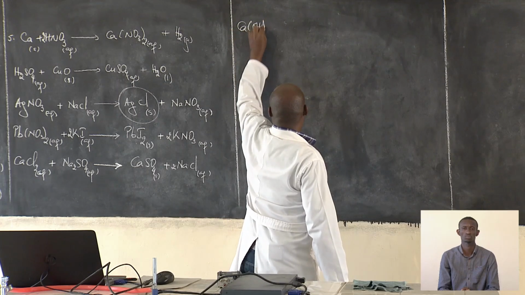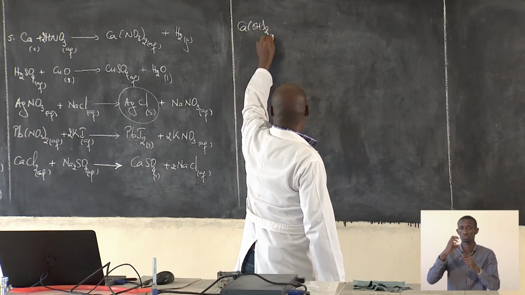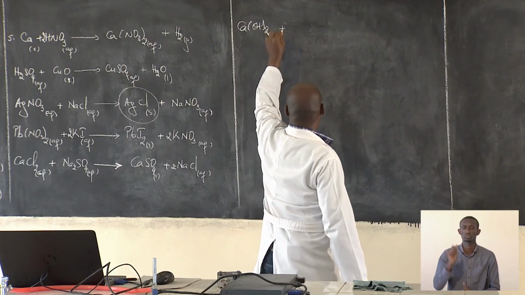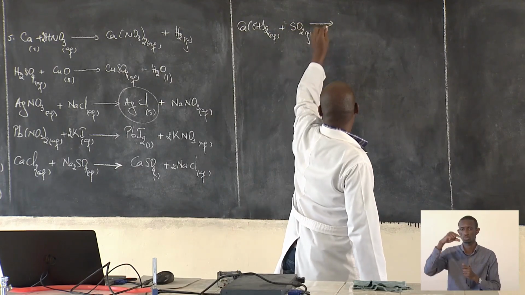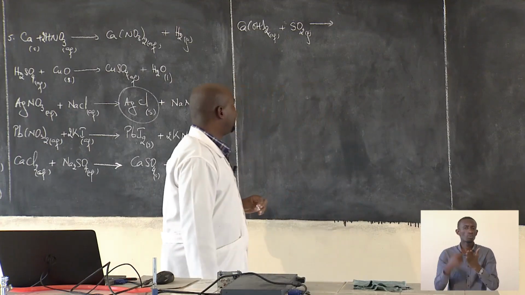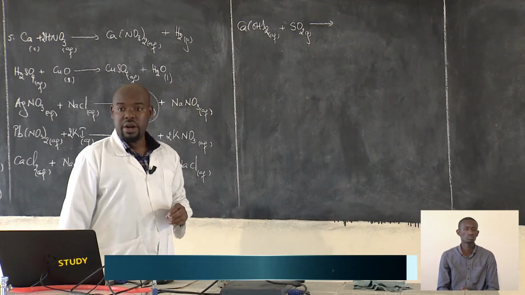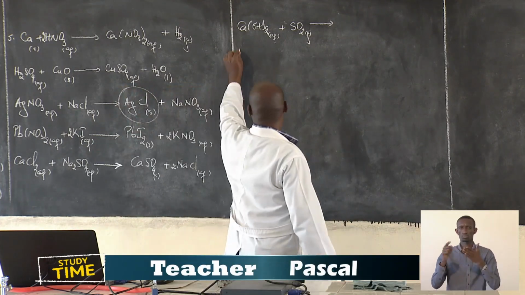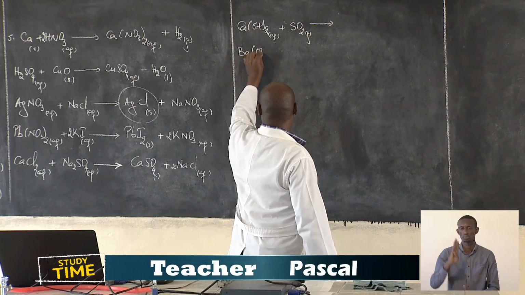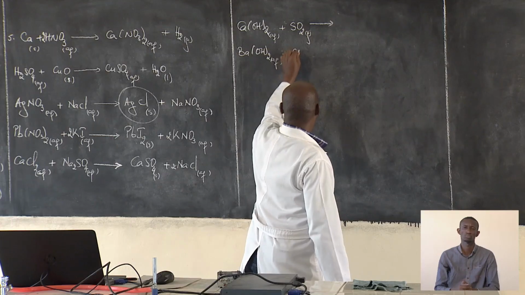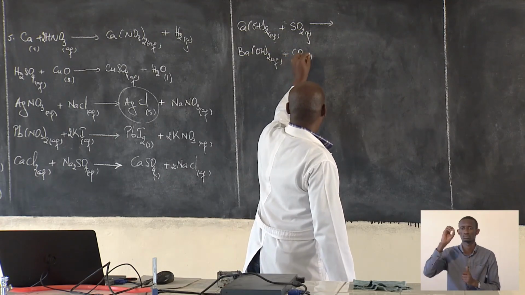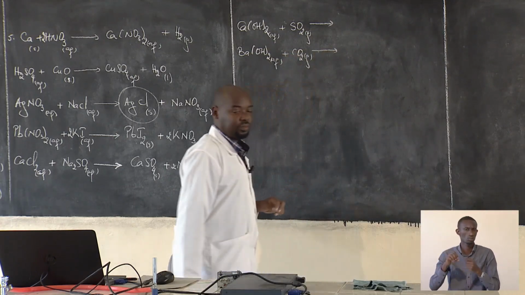Calcium hydroxide reacting with sulfur dioxide gas. What will be the product? And barium hydroxide plus carbon dioxide. What will be produced?